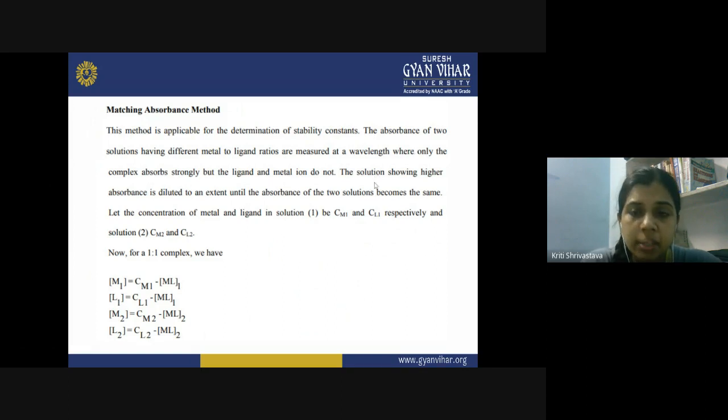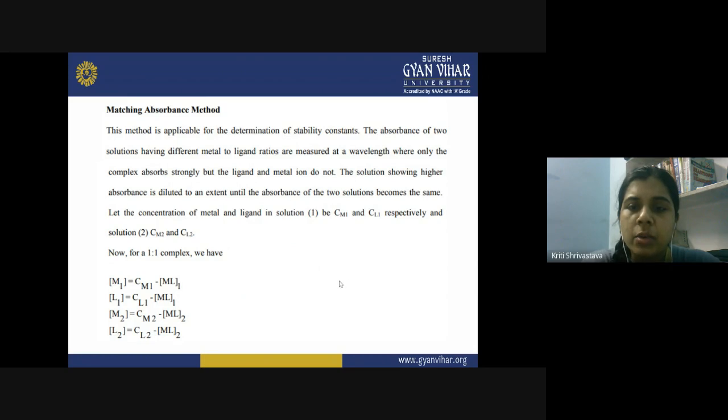The solution showing higher absorbance is diluted until the absorbance of the two solutions becomes the same. So you have two different ratios of ligand and metal in both the solutions, and one solution shows greater absorbance than the other. That indicates that this solution has greater concentration of the complex as compared to the other solution.